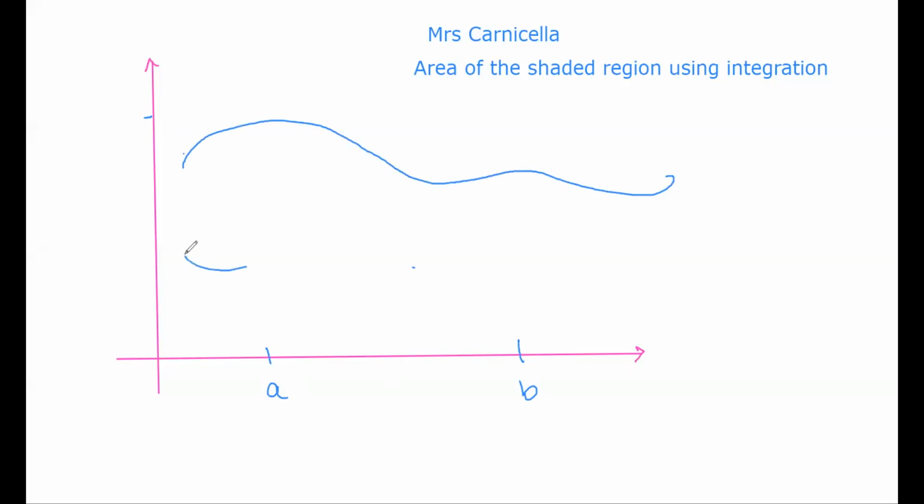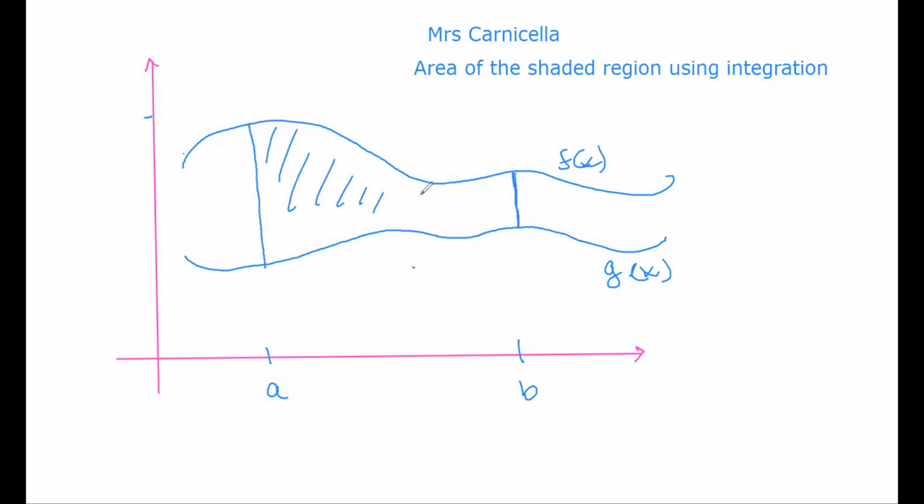And then I have maybe another function. This one's f of x, and this one's g of x. And I want to find, from where x is A to where x is B, this area in between them.